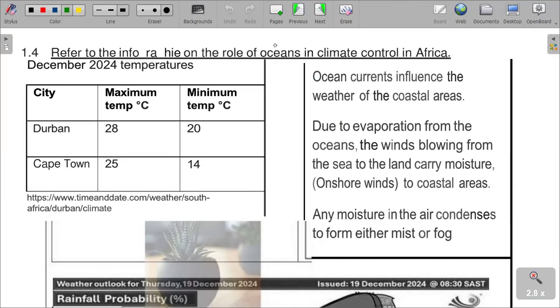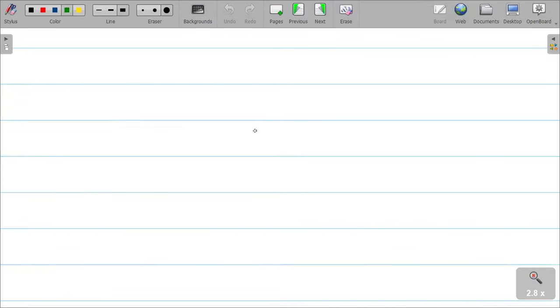But before we go there, there was a question lastly which also needs to be understood. You need to know the impact of foehn winds on the environment and management strategies, as the last question that was supposed to be answered.